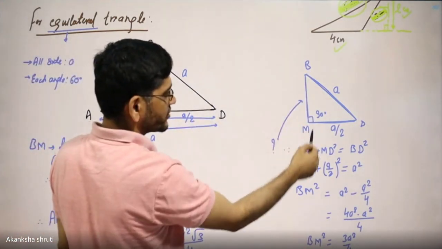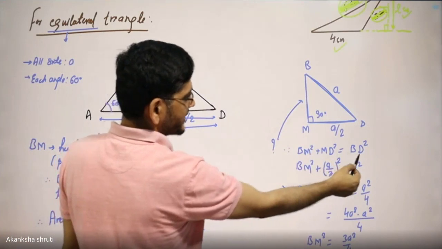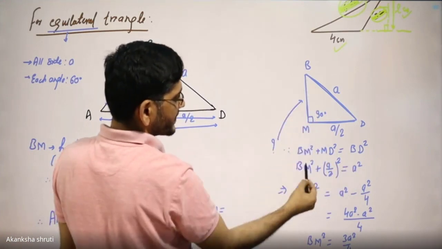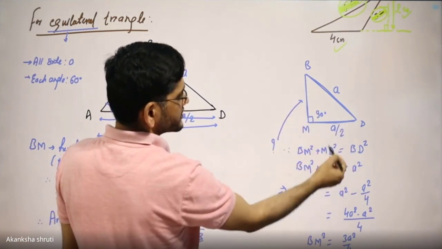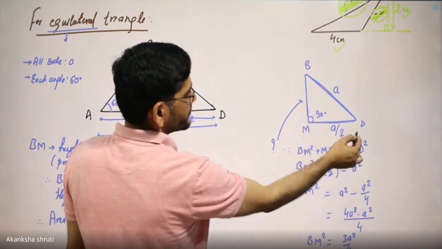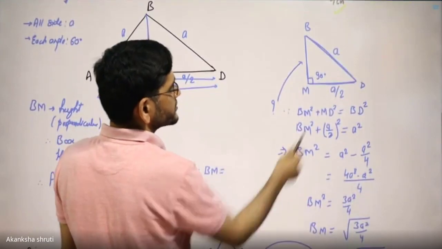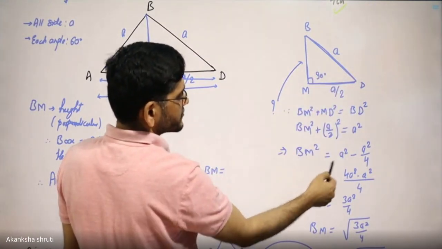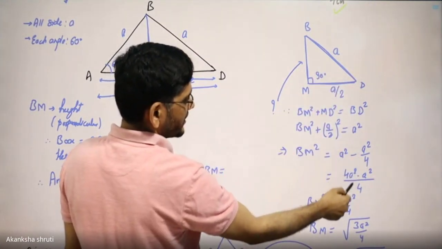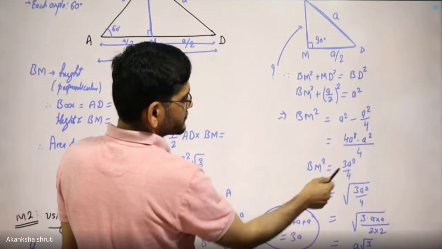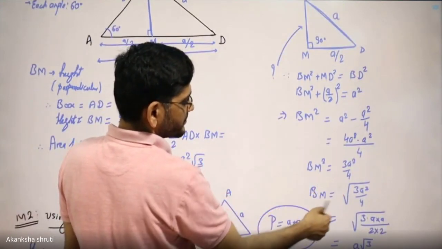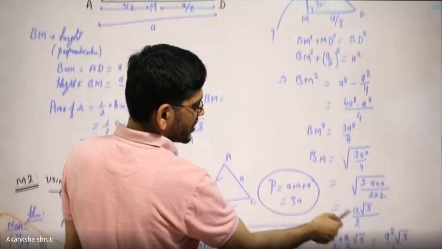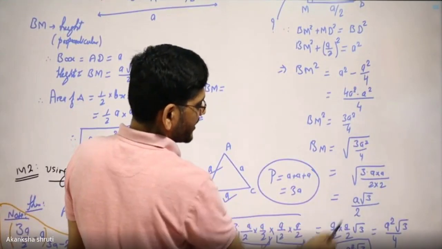Therefore, this perpendicular length can be calculated by using the Pythagoras theorem. So, BM square plus MD square is equal to BD square. Substituting A by 2 squared and A square, we get BM square is A square minus A square by 4. So BM square is 3A square by 4. So BM is root 3 into A by 2.